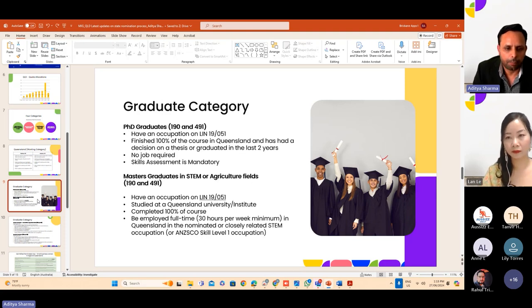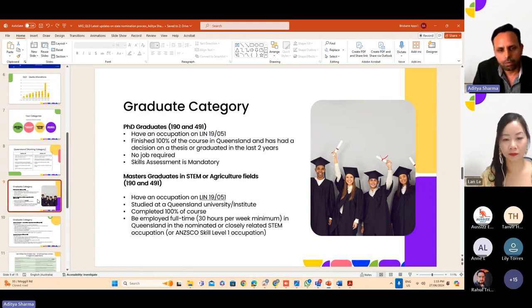The good thing for PhD holders is that they do not need an ongoing job or any job requirement to complete. But any graduate category applicant needs to have completed their education in the last 2 years. It can't be more than 2 years prior to be eligible for the graduate category.